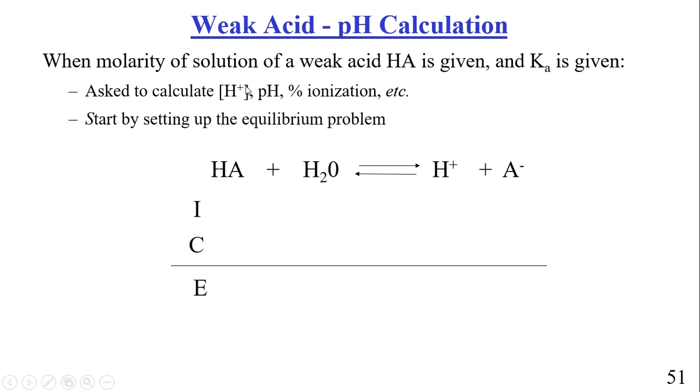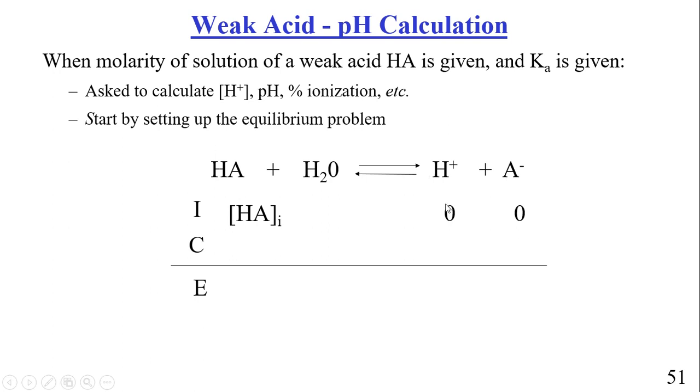And if we're asked to calculate the H plus, the pH, and the percent ionization, this is what we have to do. We should set up what is called an ICE table. And this would be the initial concentration of the acid in the solution. So whatever you have in the solution, after dilution, of course, if you have a mixture.